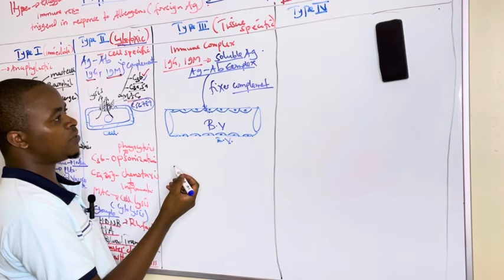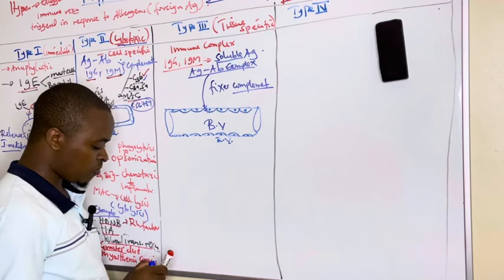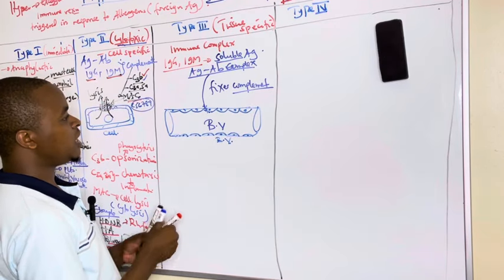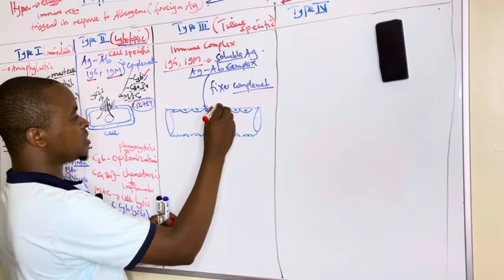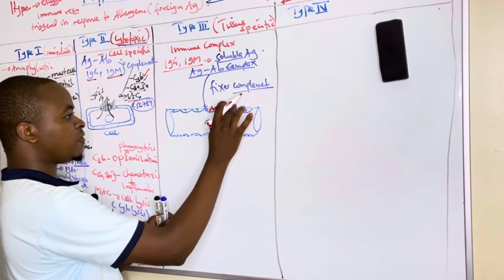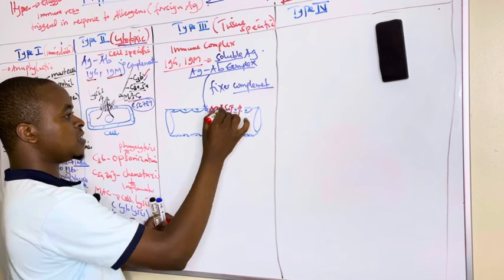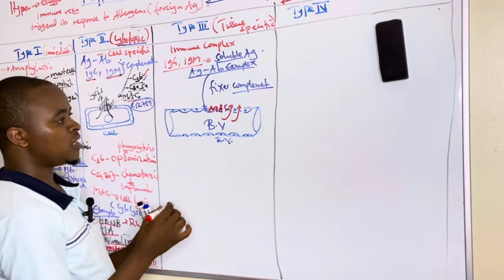After being deposited, they fix the complement, leading to production of MAC. When MAC is produced at the endothelial cells of these vessels, it creates pores, causing perforation of the blood vessel, leading to leakage of intracellular content and tissue damage.